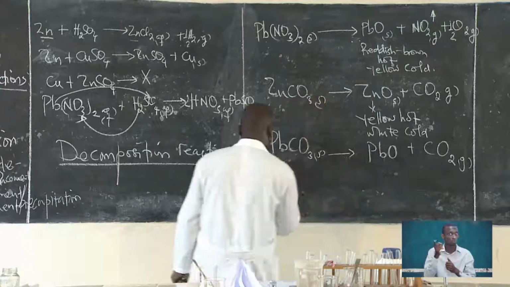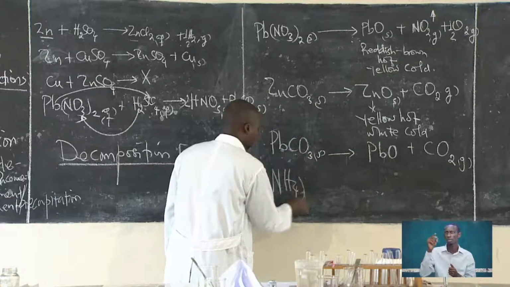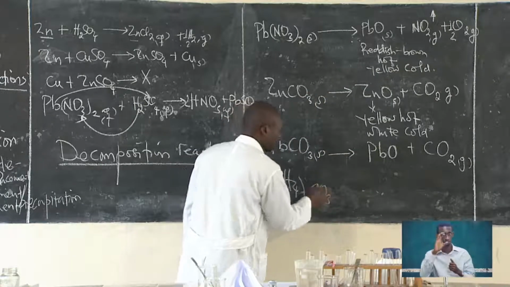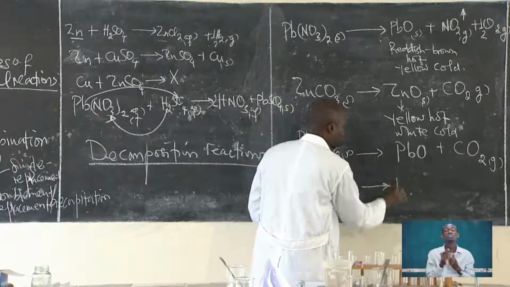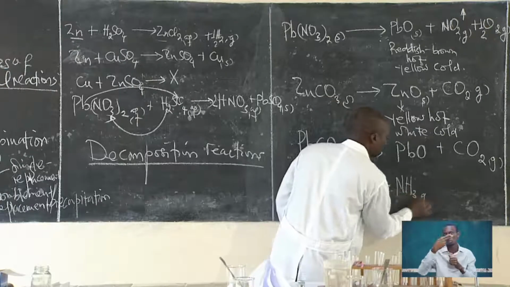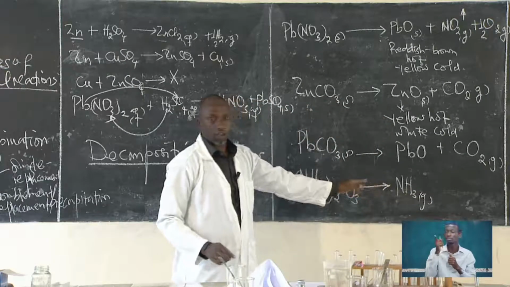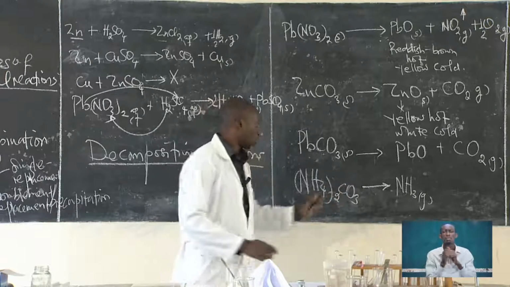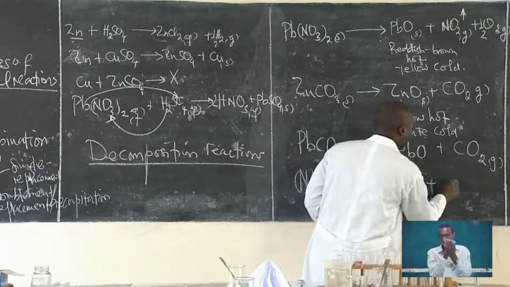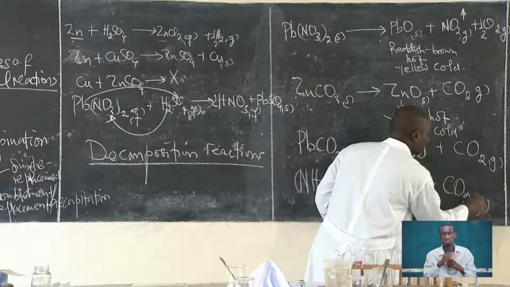And what does that mean? It means that this ammonium carbonate is the one that was decomposing, and this one is producing the ammonia gas. This ammonia gas is the one that turns the pink litmus paper to blue, and then you have the carbon dioxide, which comes last.